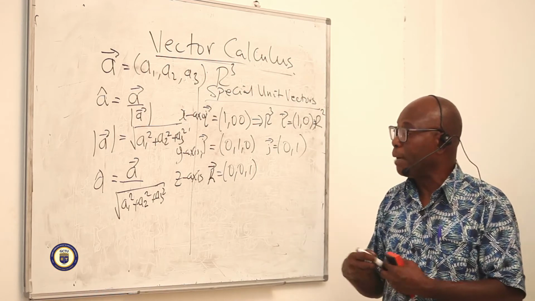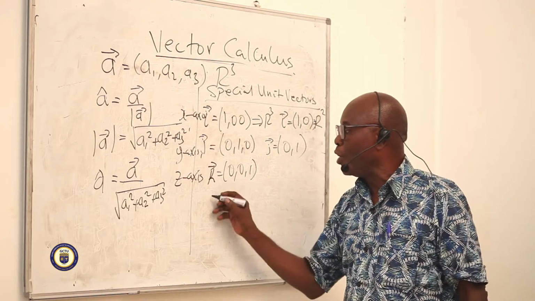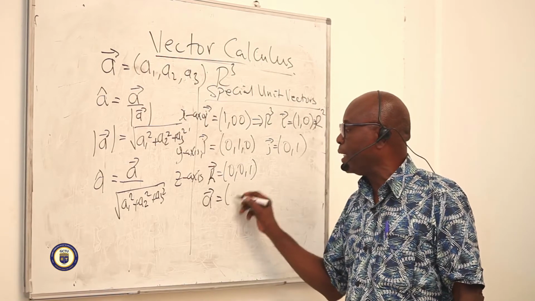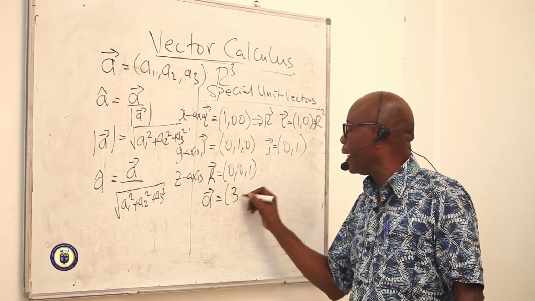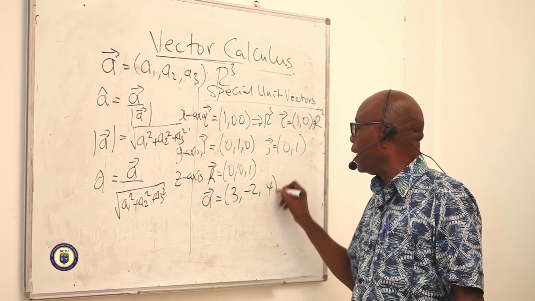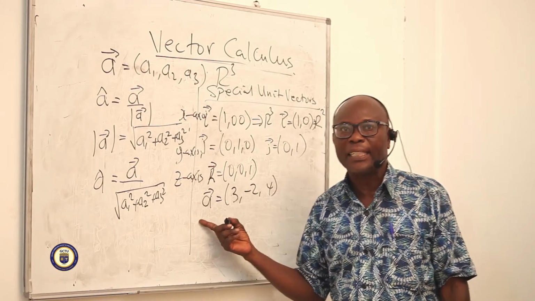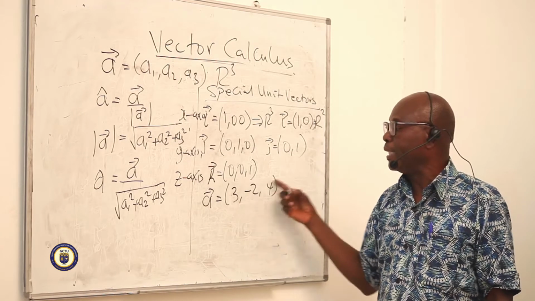So for example, take the vector 3, minus 2, 4. So far this is how we present this vector in parenthesis form.